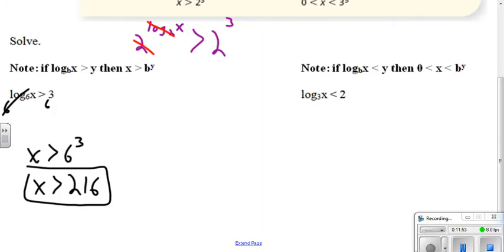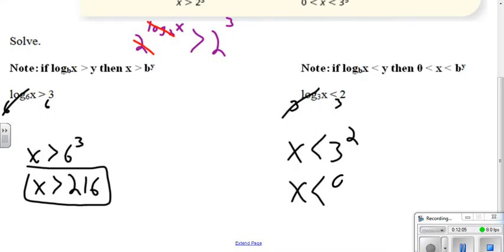Same thing, log base 3 of x is less than 2. 3 to the power of that, those cancel out. x is less than 3 to the power of 2. 3 squared is just 9. So x is less than 9.